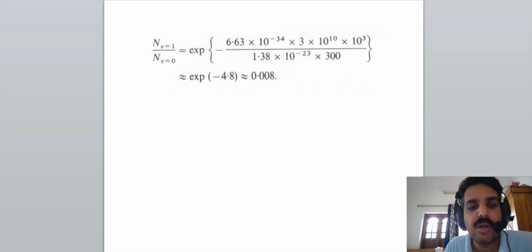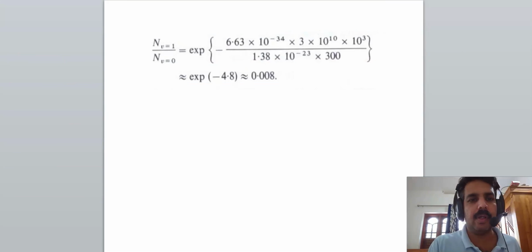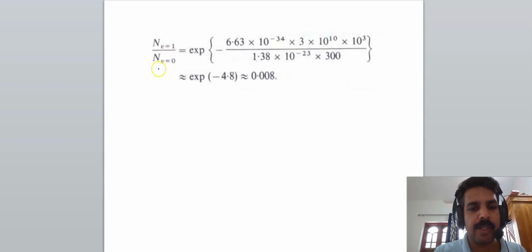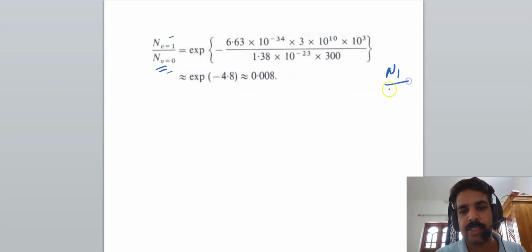Okay. And the population of levels also, if you calculate the population of level, that is n v equal to 1 divided by n v equal to 0. That is the population of the first level divided by the population of the 0th level, that is the lowest level. We know our equation of population, that is n1 divided by n0 is equal to e raised to minus delta E divided by kT.